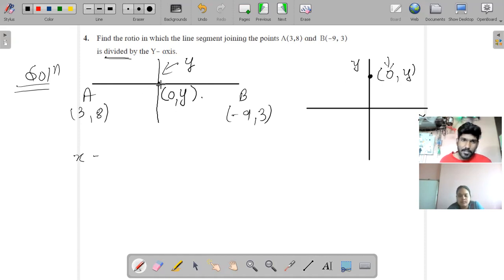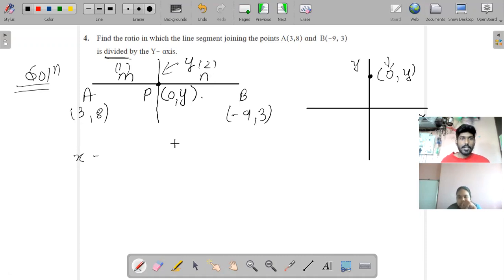I'll call it P. Now to find this ratio, this point P divides segment AB into 2 parts. This is the first part M and this is the second part N. They have asked you to find the ratio M is to N.